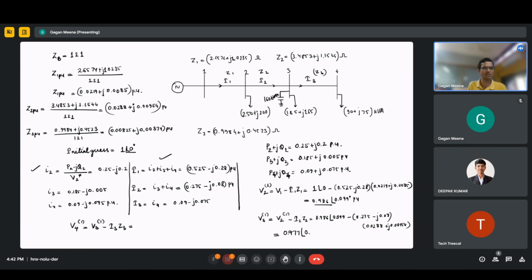The angle is, I think, not correct. The angle will be 0.0881.